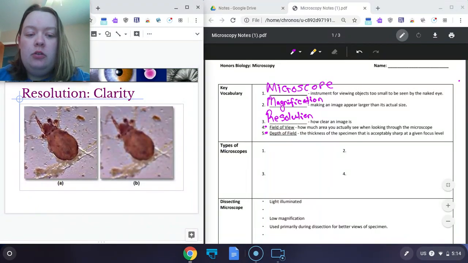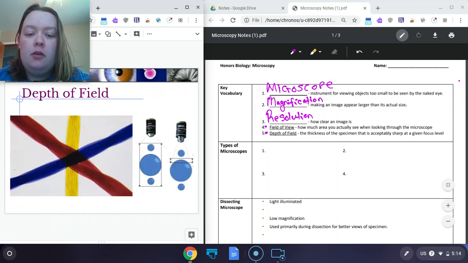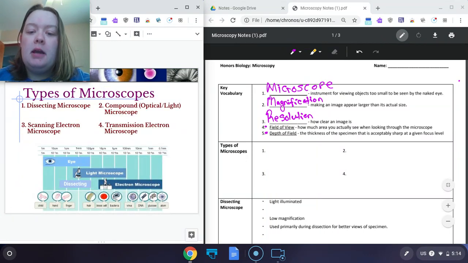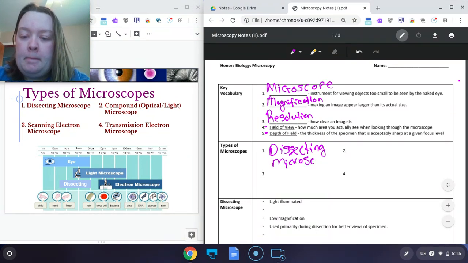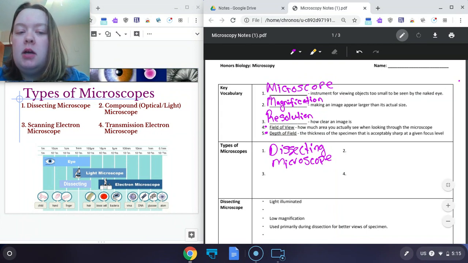We're also going to be using a few different microscopes in this class. The first and the simplest is the dissecting microscope. The second and the most common one that we will use is the compound or light microscope.